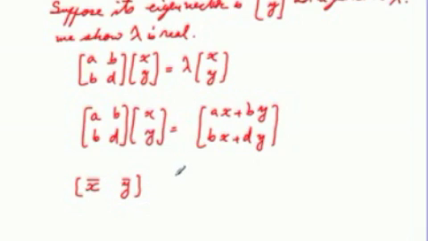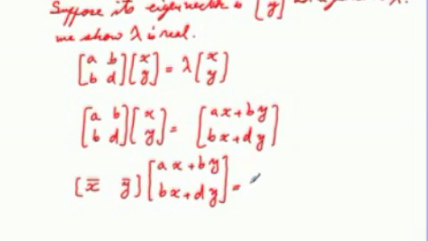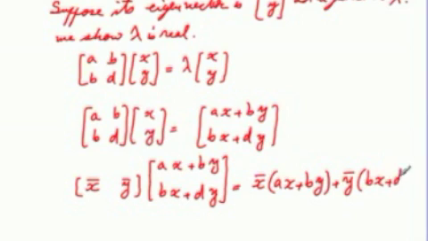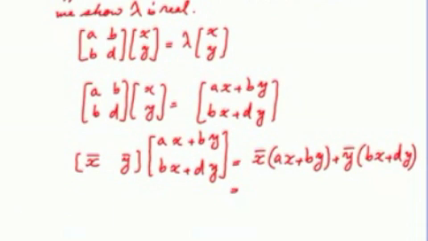I multiply it with this. Help me out in this multiplication. The first item multiplies the first item, the second item multiplies the second item. Let me write it out: x bar times (ax plus by) and y bar times (bx plus dy). Help me to multiply it through.